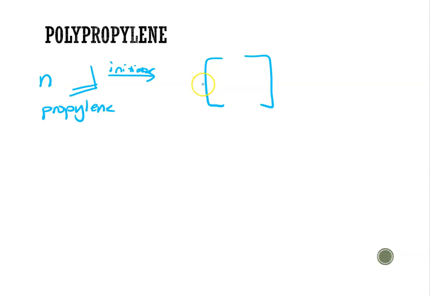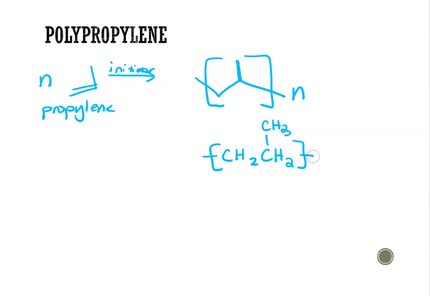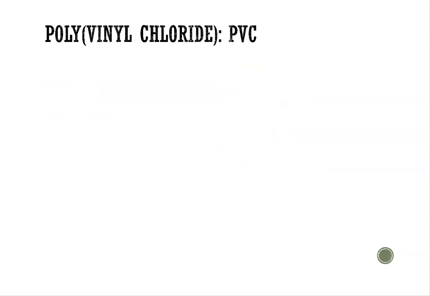So what ends up happening is you get this here, and this looks like CH2, CH2, and then it actually opens up CH3 here. And then we just have a little bond that goes there to the end. So this is polypropylene.